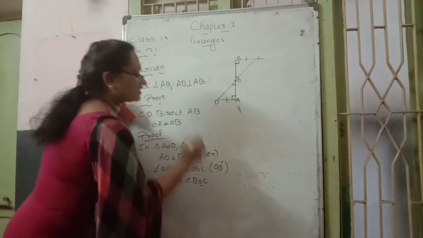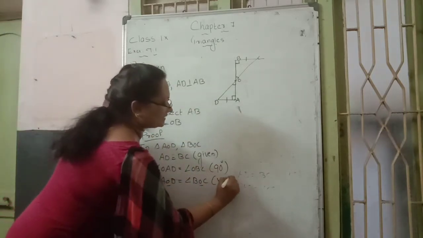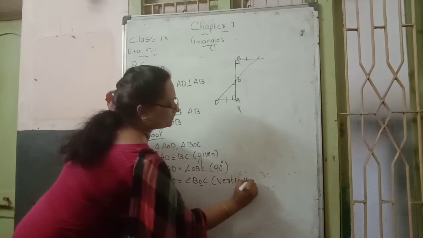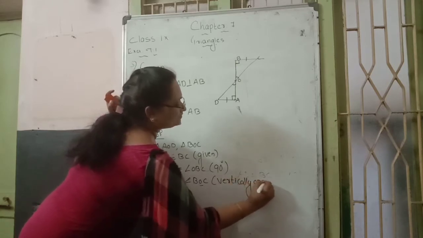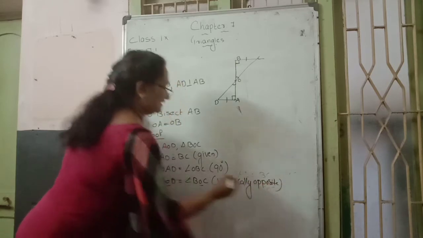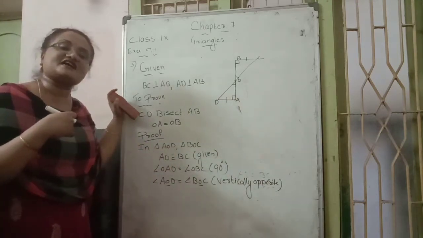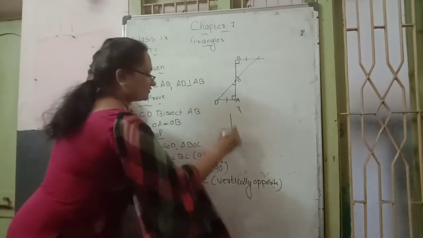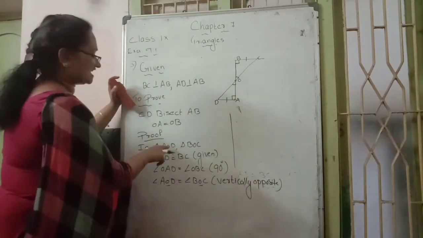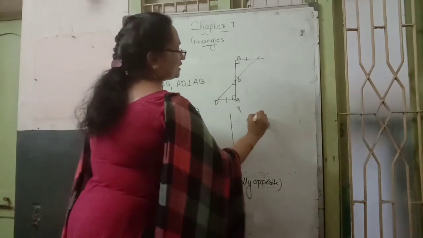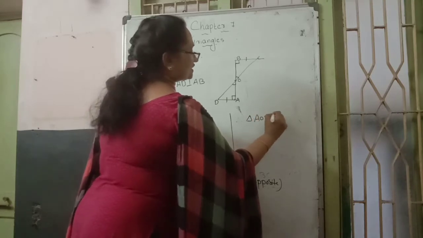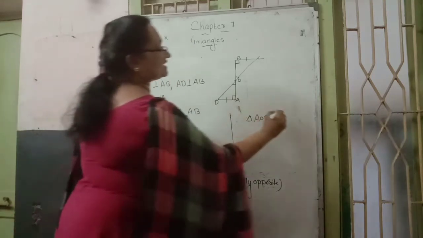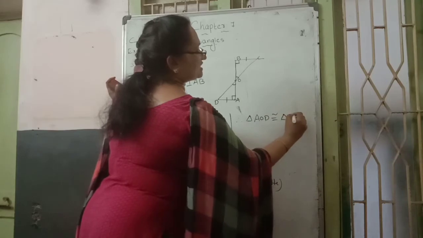They are vertically opposite angles. So three conditions are satisfied. Therefore, which are the required triangles? Triangle AOD is congruent to the second triangle, triangle BOC.